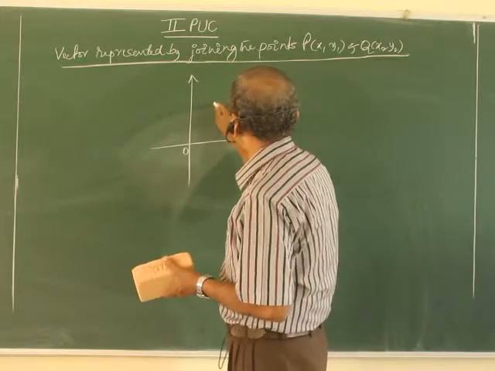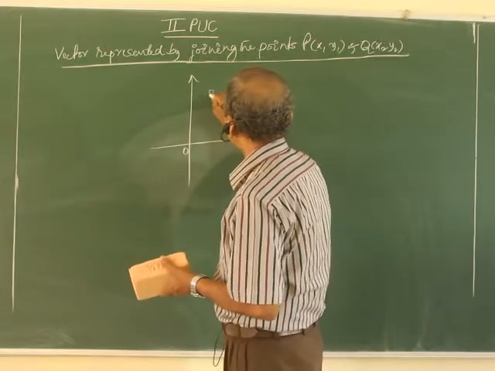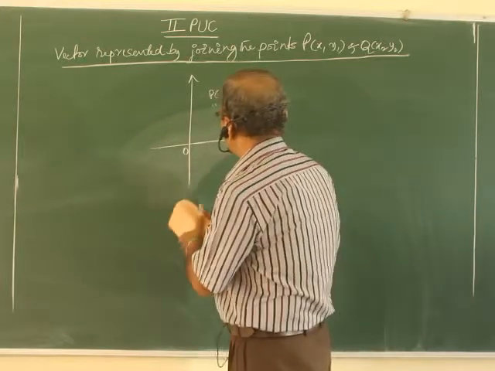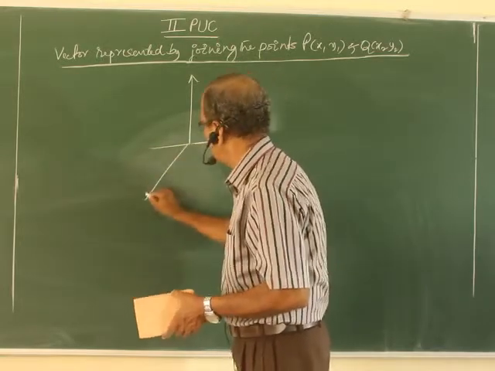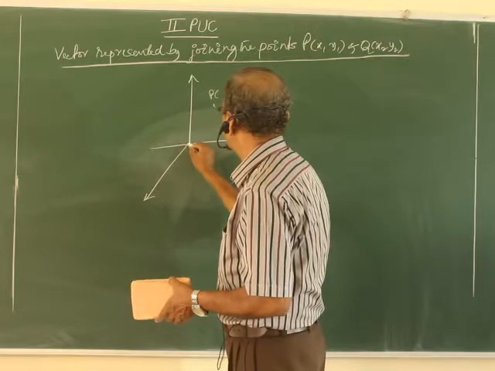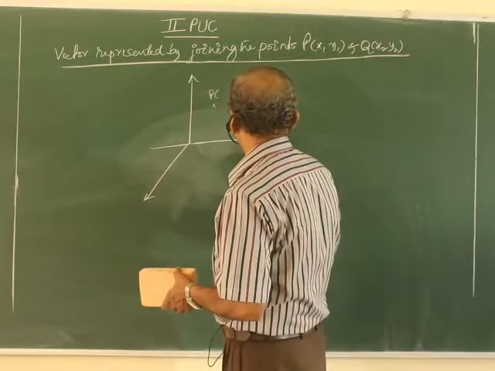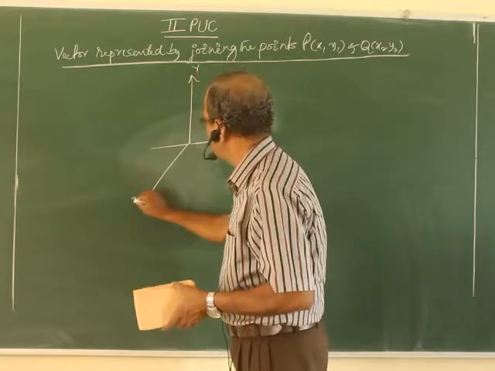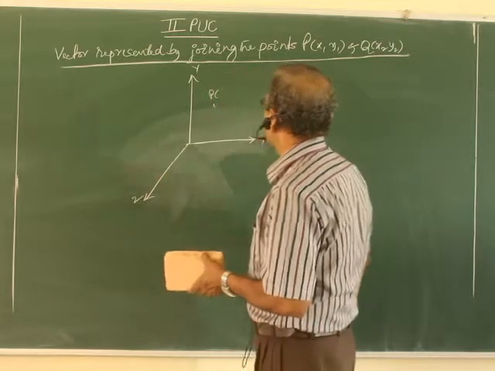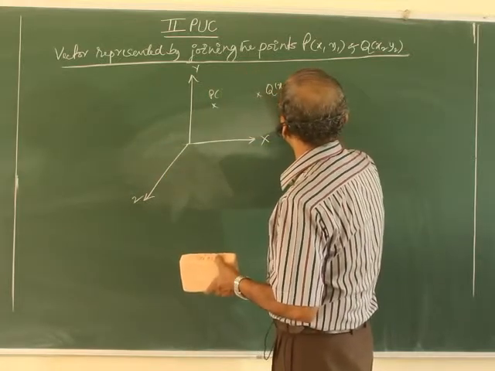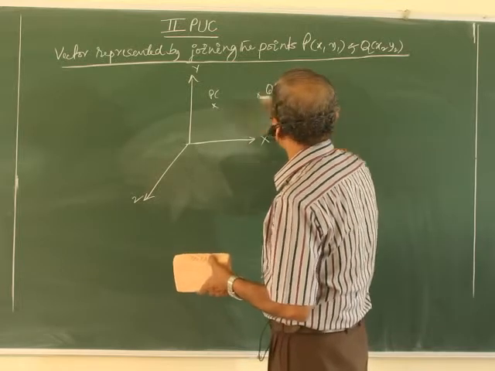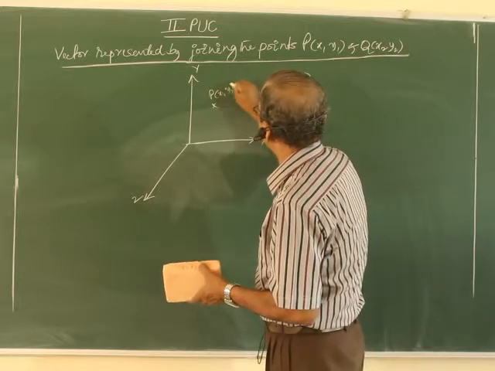Given the points, let us imagine it is 3-dimensional, right? X-axis, Y-axis, Z-axis. P and Q are 2 points, (x2, y2, z2) and (x1, y1, z1).